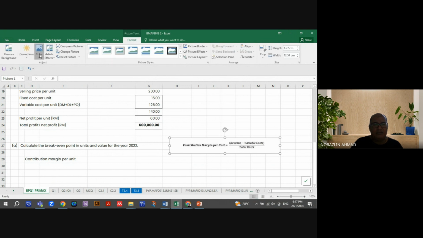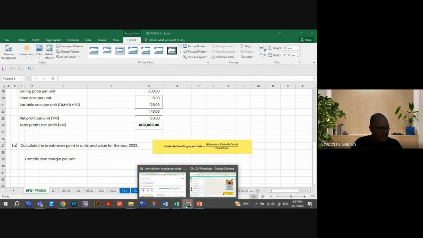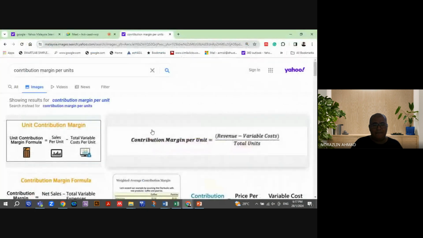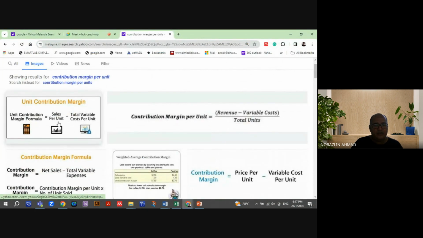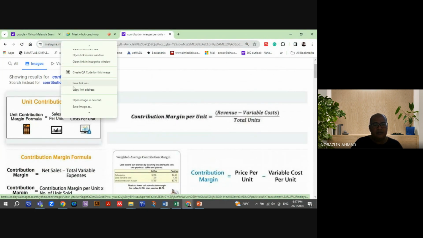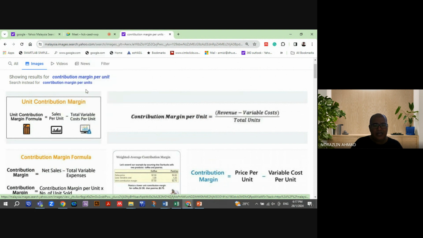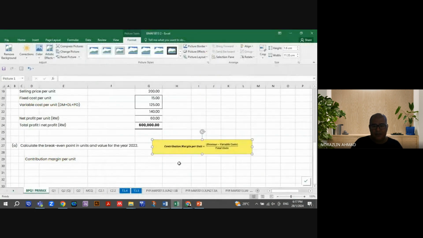Contribution margin per unit. This is one of the formulas: revenue minus variable cost, divided by total unit. So you can expand this formula.